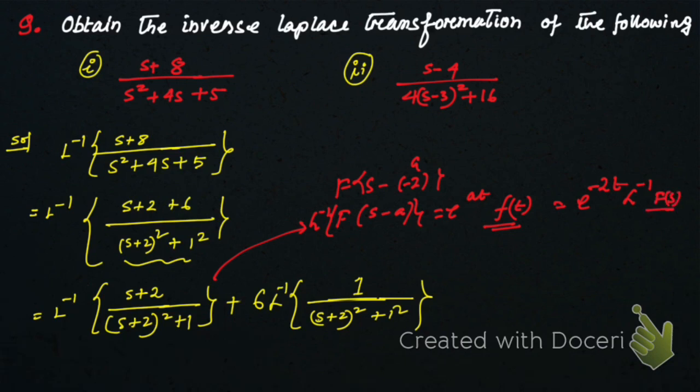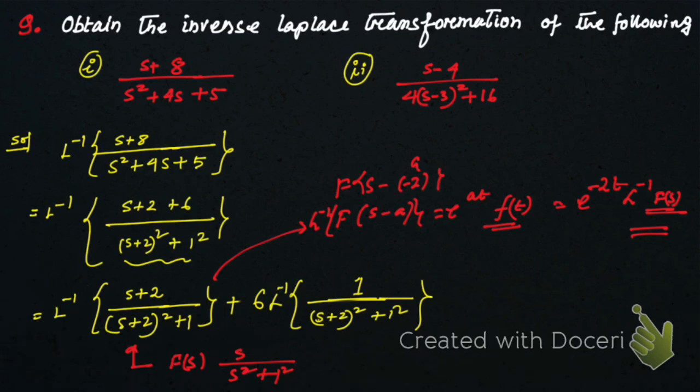So f of s will be, if this function is f of s plus 2, then f of s must be this, s by s square plus 1 square, right? So you can write that way.